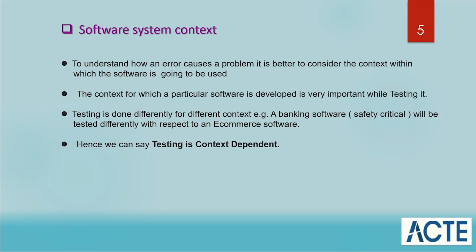Coming to mobile, whether it is an Android application or an iOS application, depending upon the context, the testing parameters and the testing approach will change. Since testing is highly dependent upon the domain in which the application is developed, we can say that testing is context dependent. Any question?